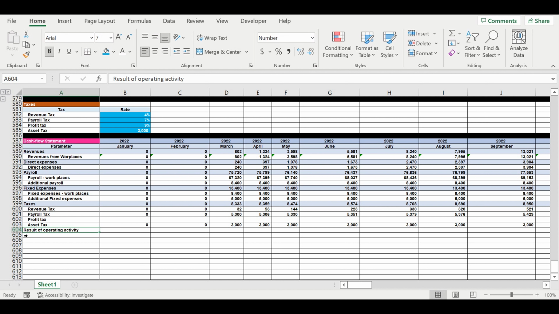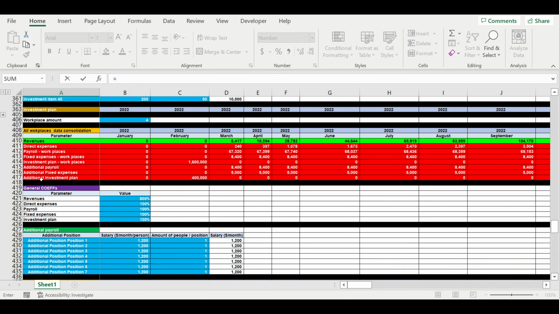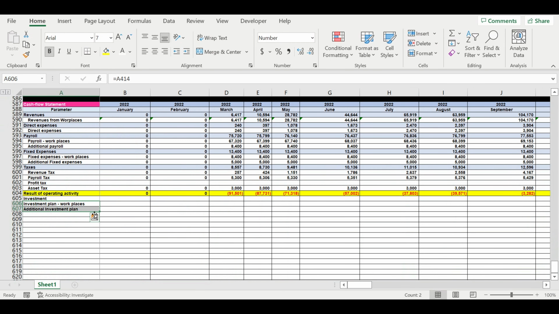So now we're moving to the investment stage. Here we have investment expenses that are put inside workplaces. Then we have general investment expenses. We are making totals of them.